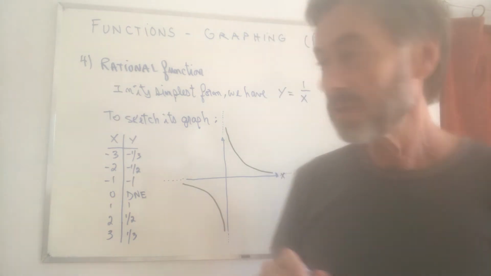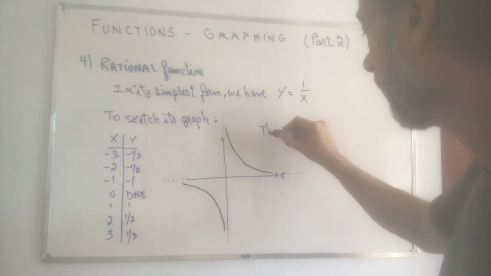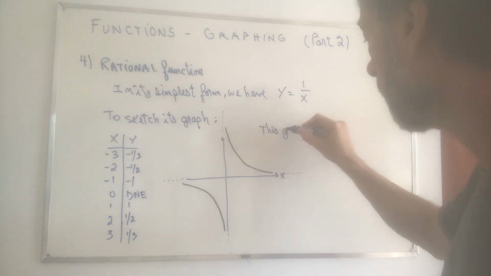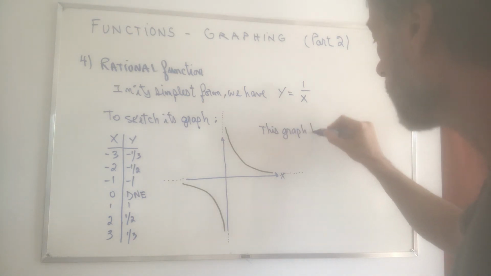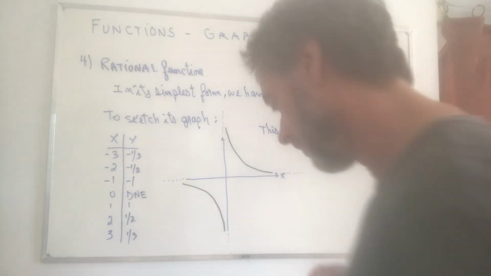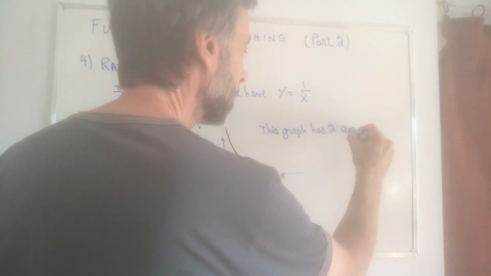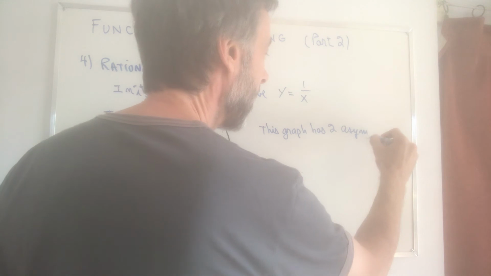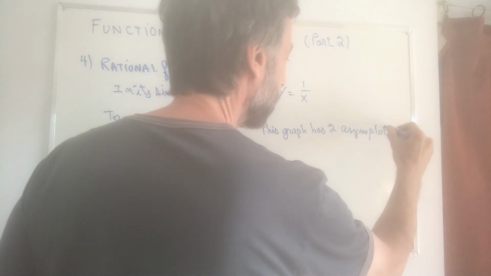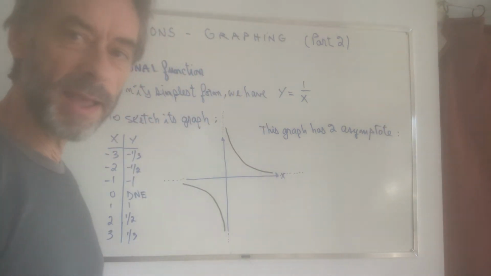These are called asymptotes. So this graph has 2 asymptotes. What is an asymptote?